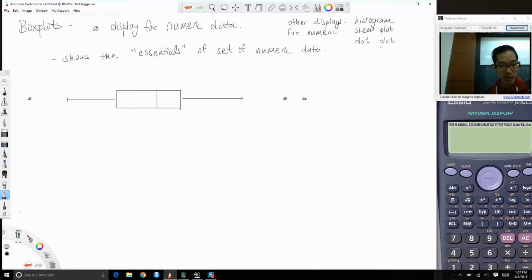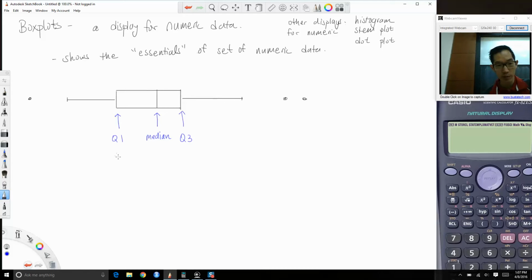So the boundaries of the box, this is Q1, this boundary is Q3, and this line right here is the median, okay? So those are the three spots that define the box.